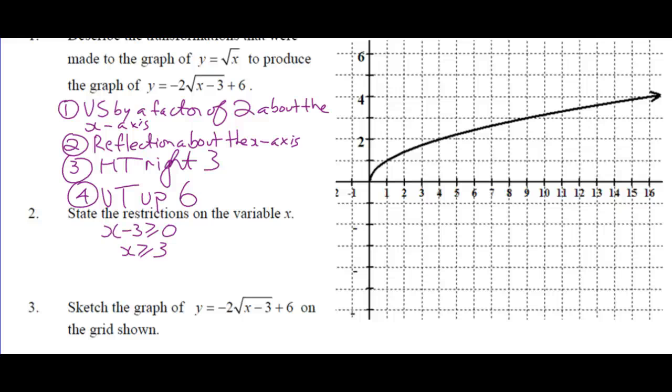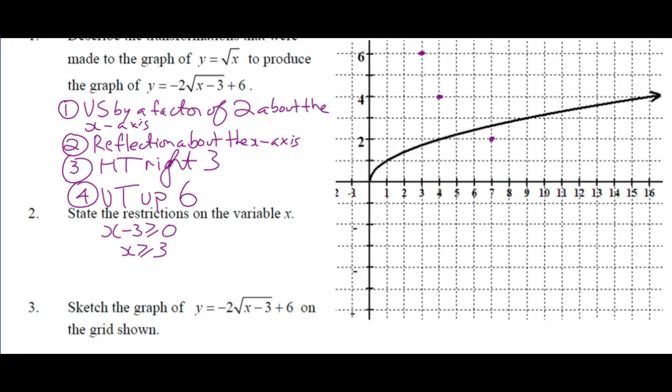Okay, 0, 0, stretch, no, reflection, no, go right 3. The point 1, 2 becomes 1, negative 2, and so on. 4, 2, 4, 4, negative 4, and right 3. 9, 3, 9, 6.